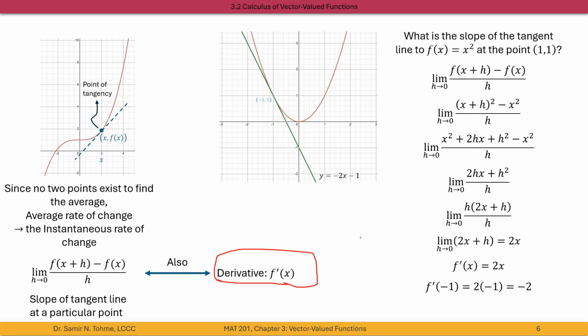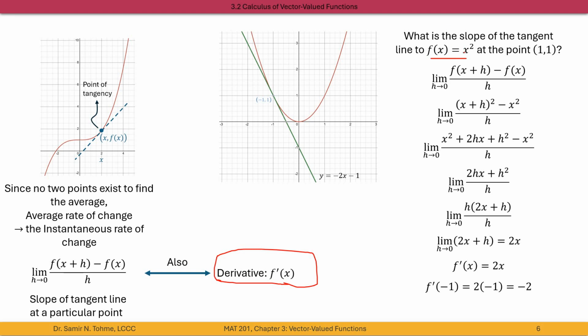This is an example of calculating the slope of a tangent of the function f of x equals x squared at the point minus 1, 1. Again, we can use this equation for the derivative.